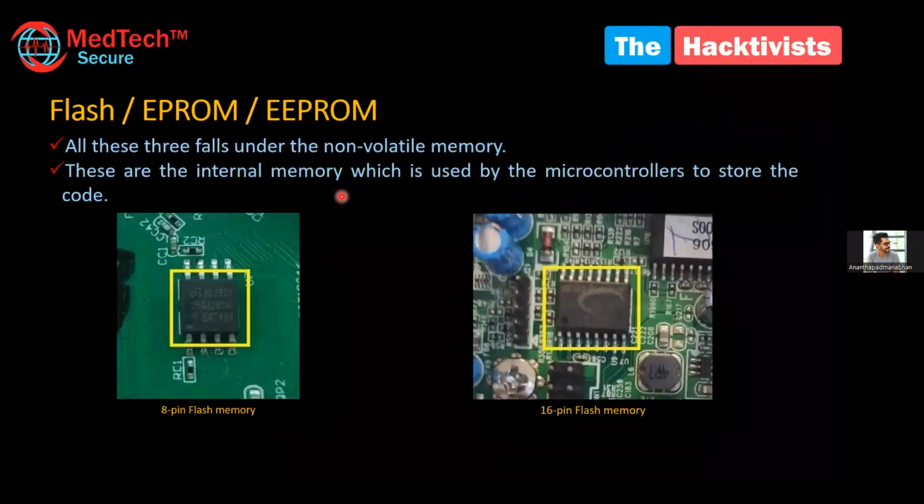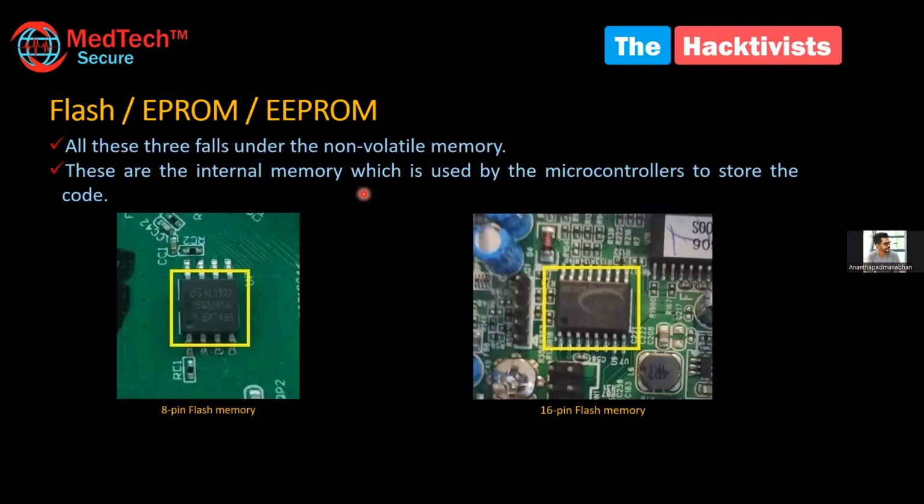This is another important component in a hardware or IoT device. Flash, I think majority of us will be aware, is a kind of non-volatile memory. It is basically used as an internal memory where the microcontroller might be storing some kind of code, or even a firmware can be stored. In certain cases, it can be stored in a flash memory.